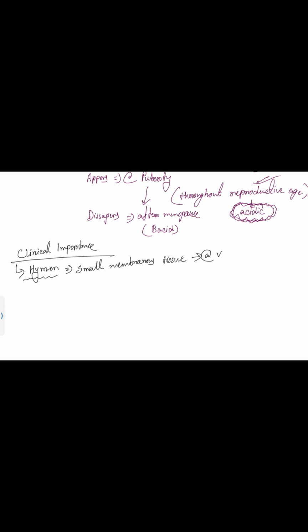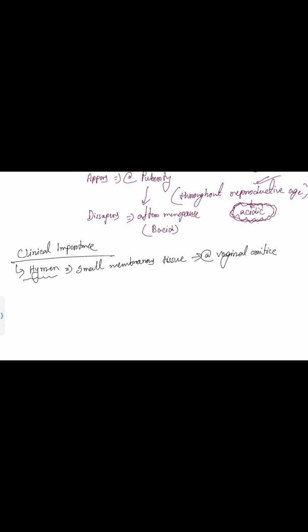Now the last part is clinical importance. What is the clinical importance of this vagina? Now you have to remember about the hymen. As you know, there is one small membranous sheath, membranous tissue, present at the vaginal orifice.